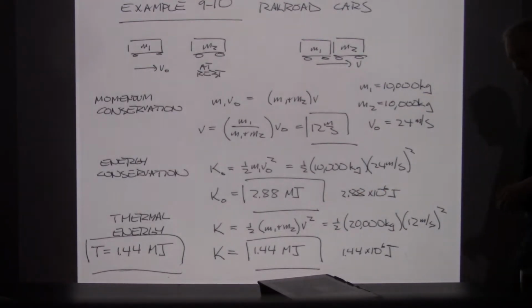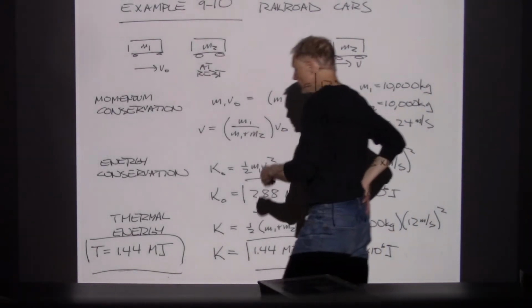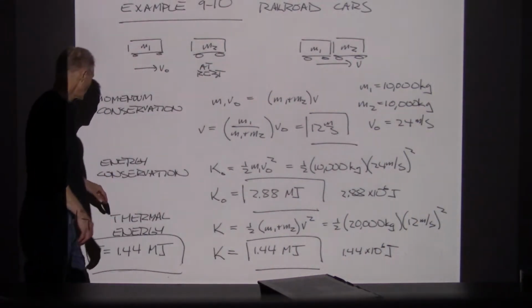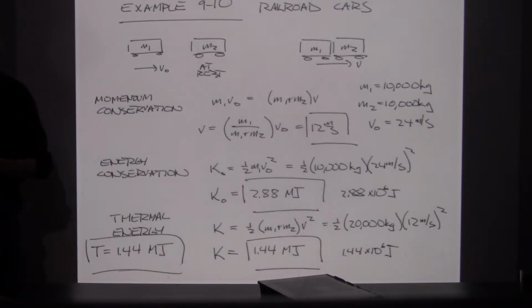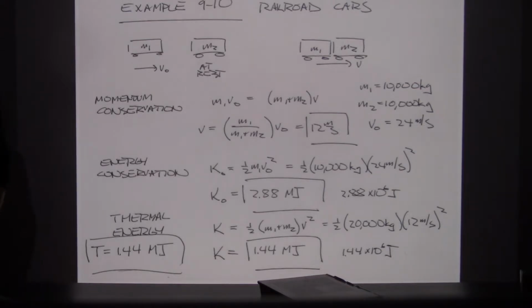And what we're finding is the kinetic energy after the collision is 1.44 megajoules. So it looks like, from the numbers, half of the kinetic energy is missing. And whatever kinetic energy is missing, in this example, it must have gone to thermal energy in the collision. So if you check out the coupling mechanism on those railroad cars, they're going to be really warm.